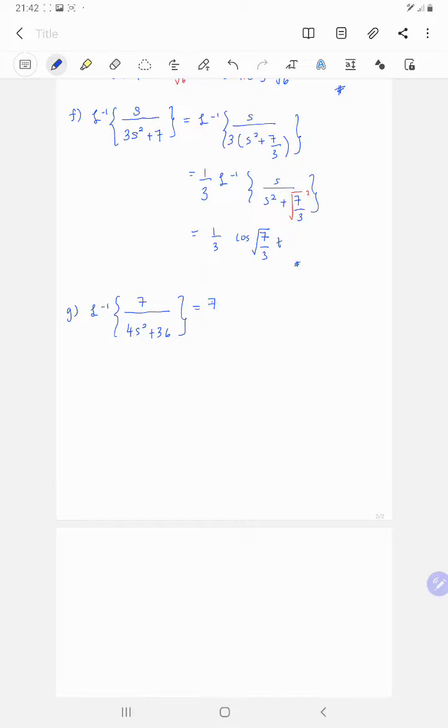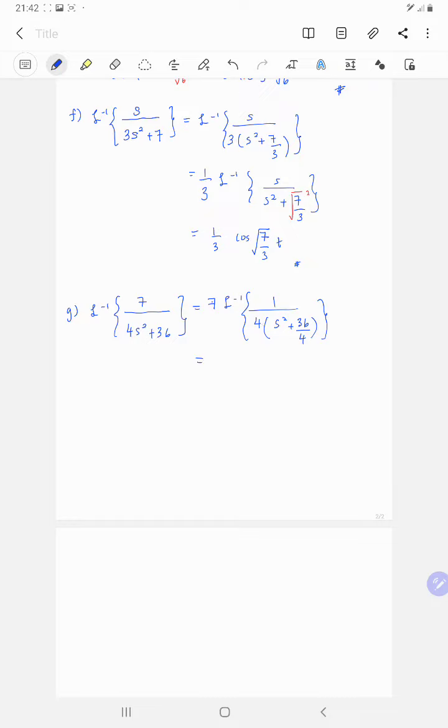Okay, 7 is okay, take 7 out first. 7 take out, so at the bottom also factorize 4s squared plus 36 over 4.